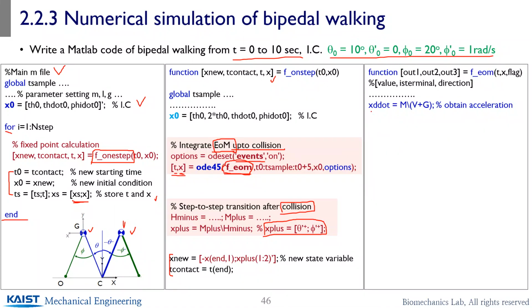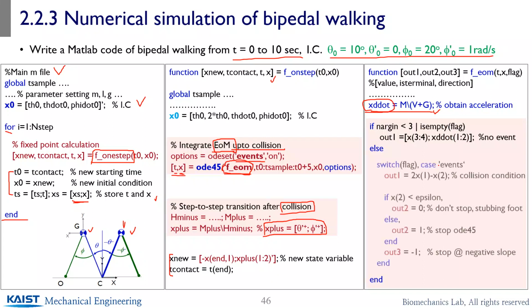So what does your equations of motion function look like? It is pretty much based on your equations of motion. Okay, so you're calculating the acceleration term. And whenever an event occurs, you have these three steps. First, you should find if your event indicator crosses zero.